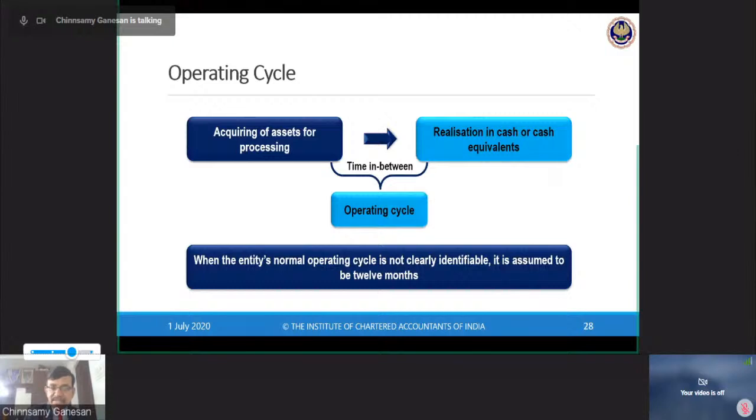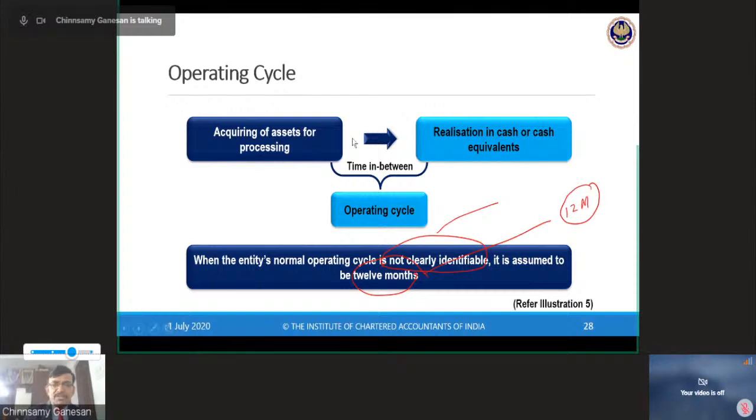Please understand, when it is not clearly identifiable, it's 12 months. So operating cycle will be considered as 12 months in case you are not able to clearly identify the operating cycle.